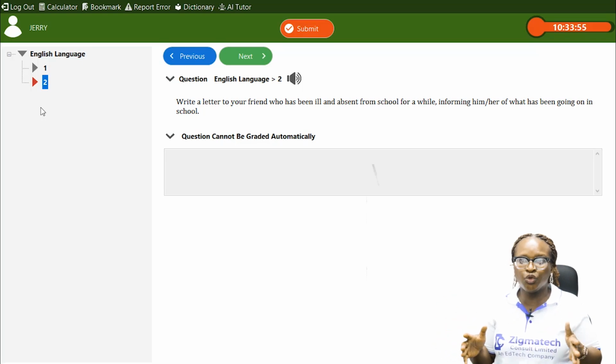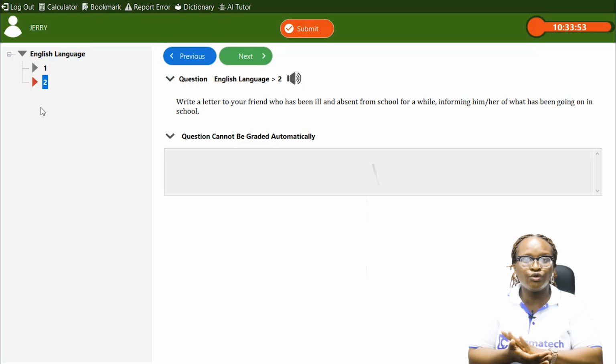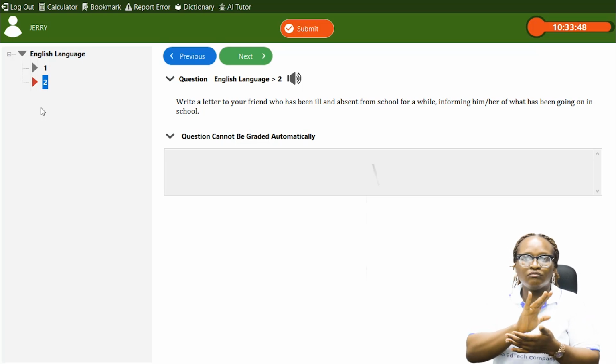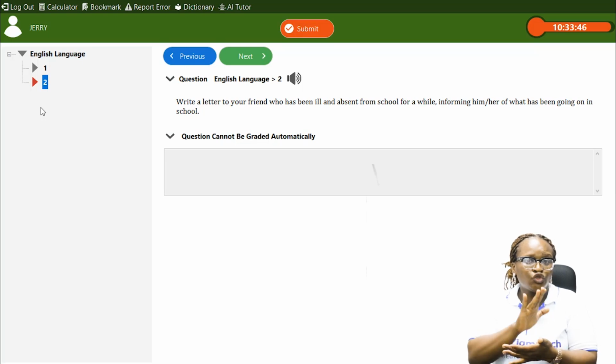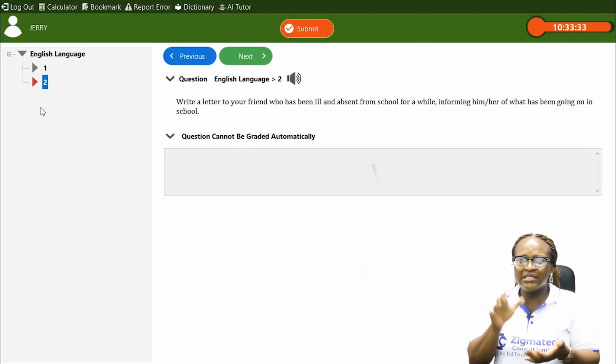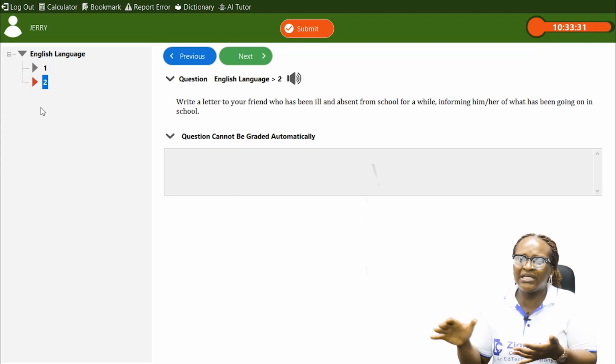That's your pleasantry. So remember I said the tone of the letter will determine if you are to use your first paragraph to exchange pleasantries. With this type of letter now, knowing that it's a friendly letter and the person is ill, has been absent from school, it will be way out of place for me to begin to disturb him or her with happenings in school.